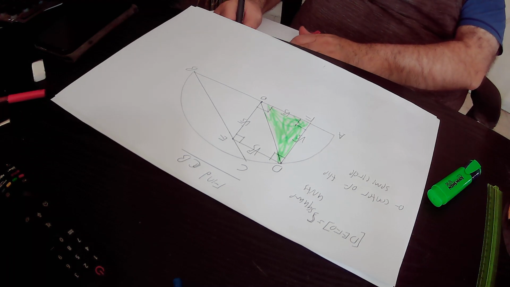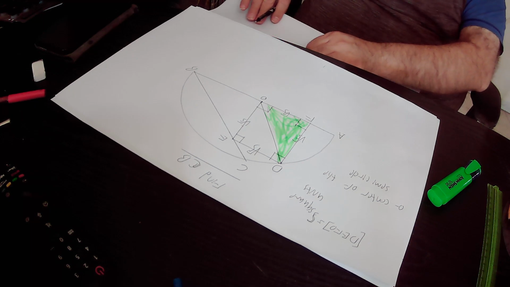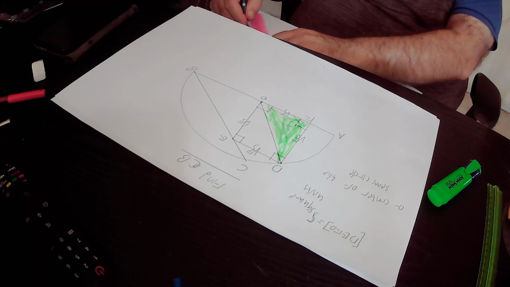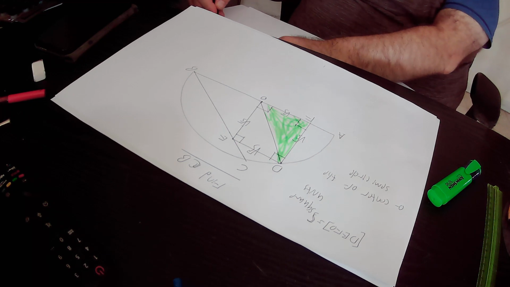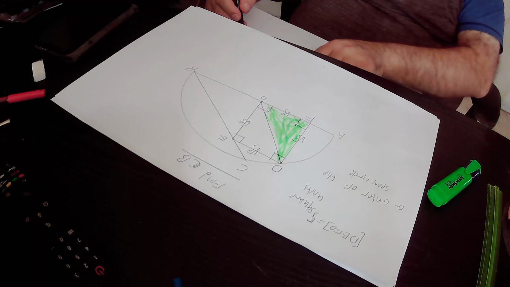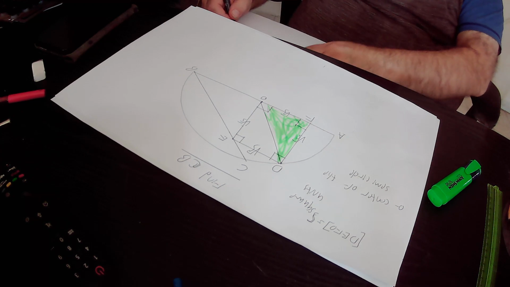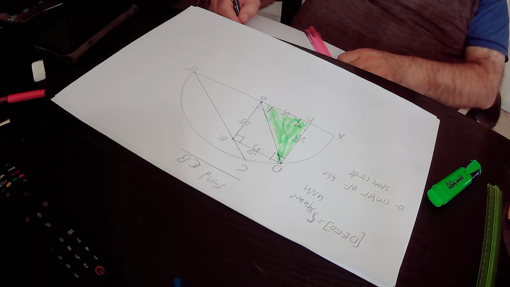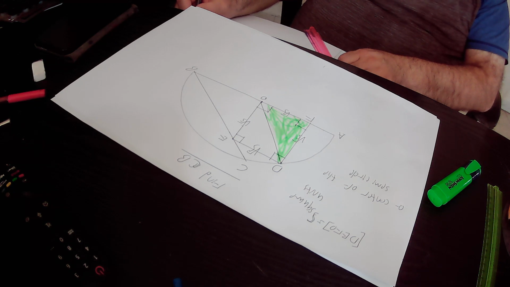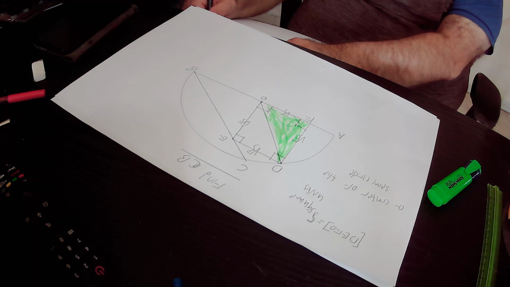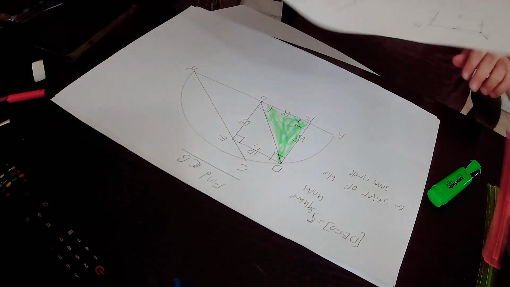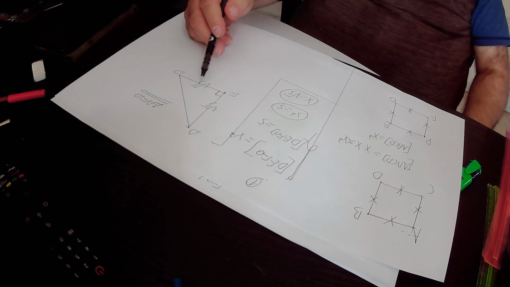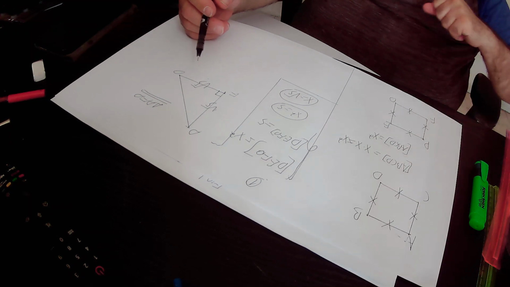I will copy the right green triangle DFO to the new page. This is the right green triangle DFO that I copied from the original drawing.